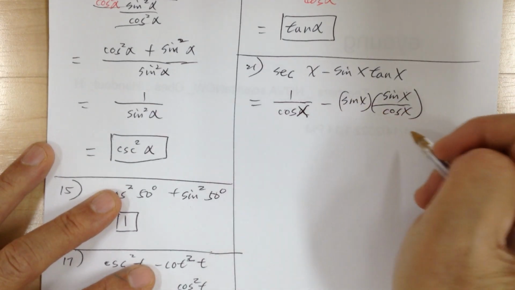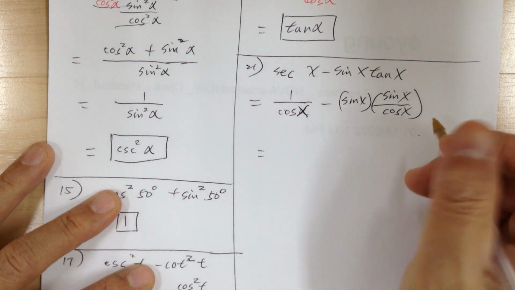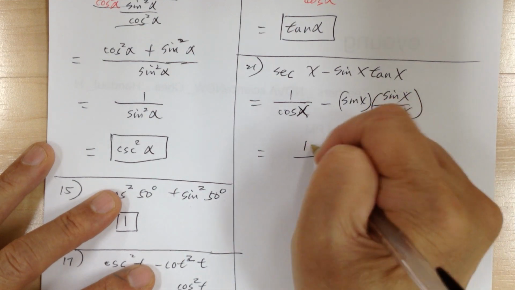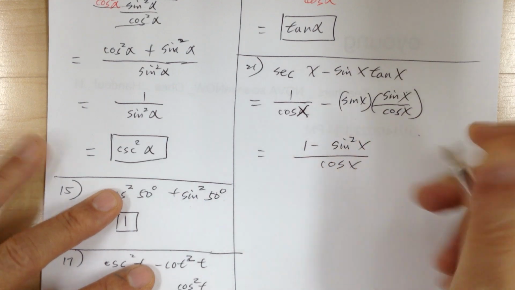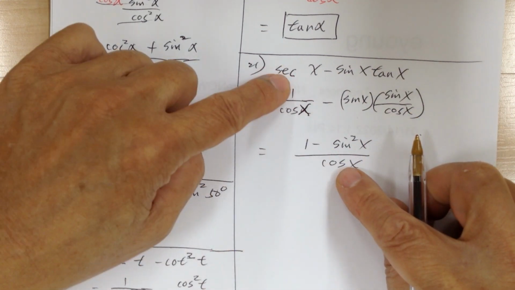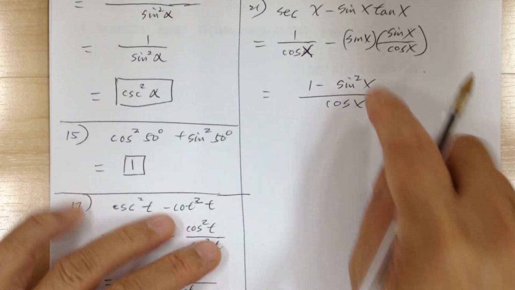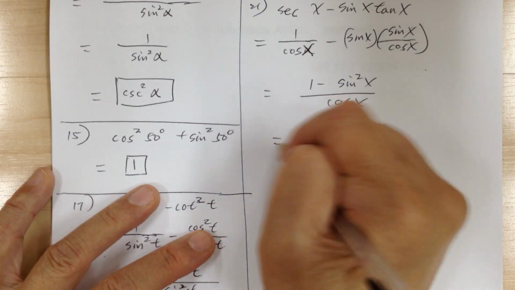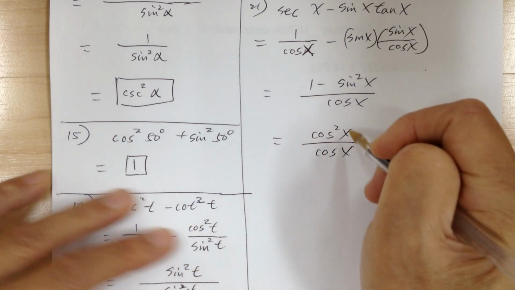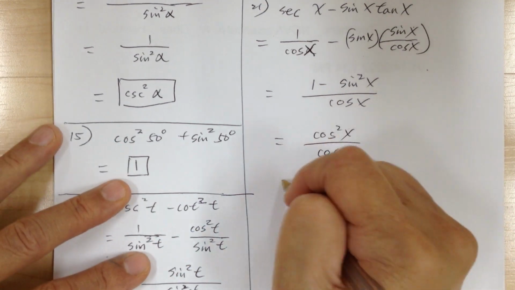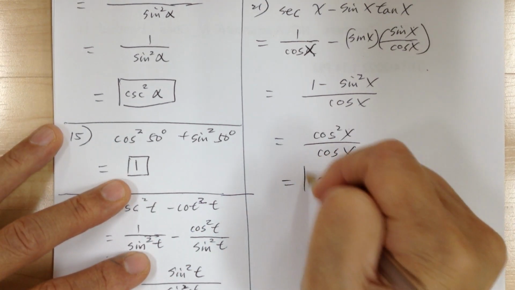And so now you have common denominators. You're going to get 1 minus sine square x over cosine x. It's your common denominator, so 1 minus sine square. Well, 1 minus sine square will equal cosine square, and you go cosine square over cosine equal to cosine x.